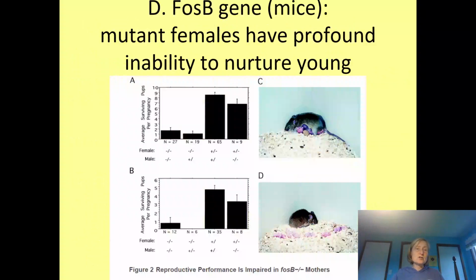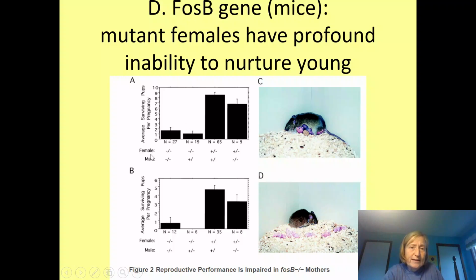So researchers have done all sorts of studies on these mice. First of all, they realized that females who have this mutation are terrible moms, all right? And so what we've got here are a couple of graphs that show the average surviving pups per pregnancy.